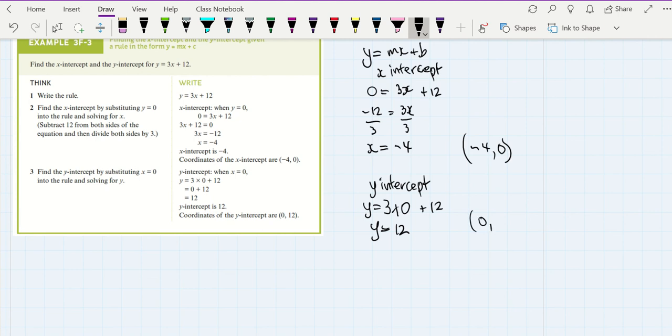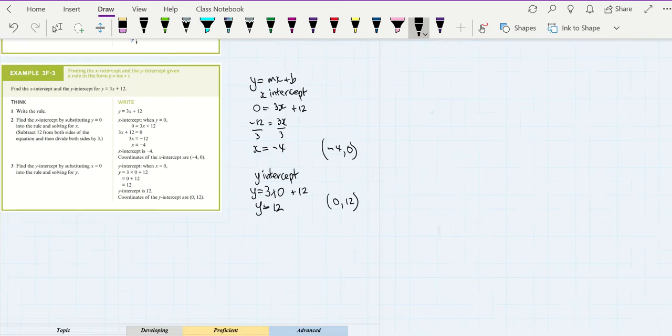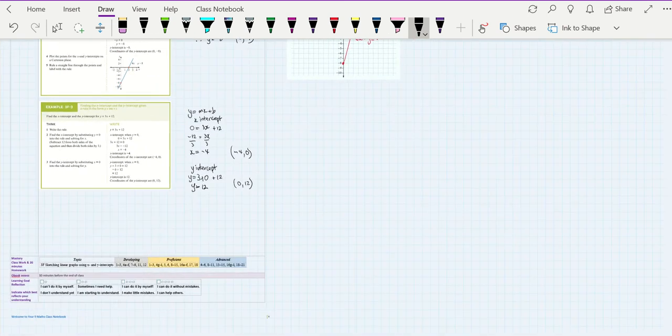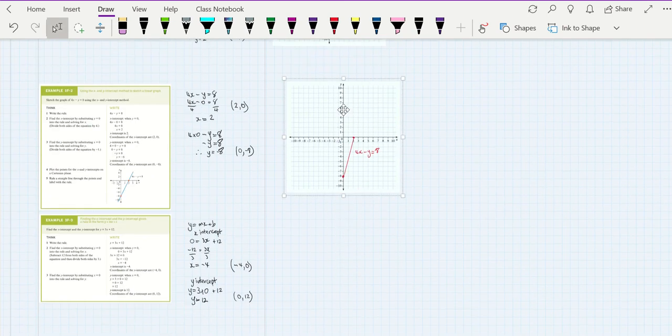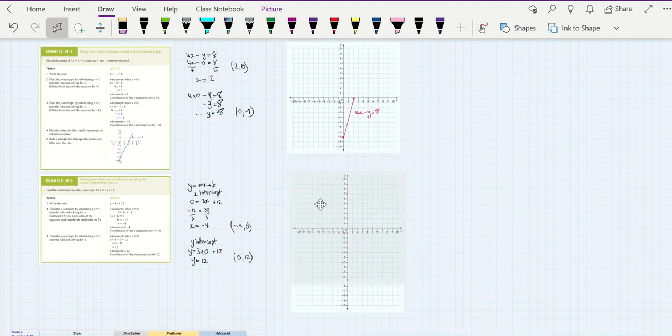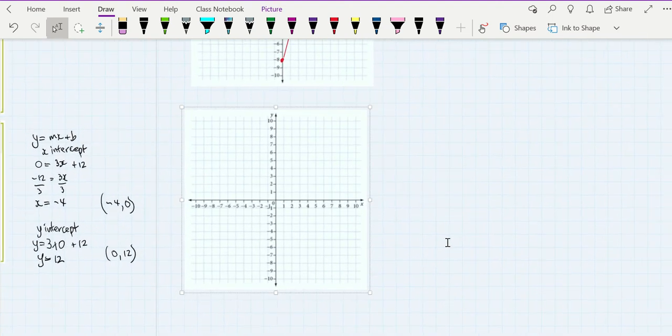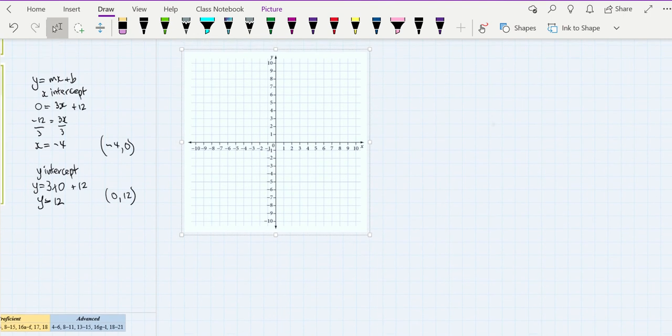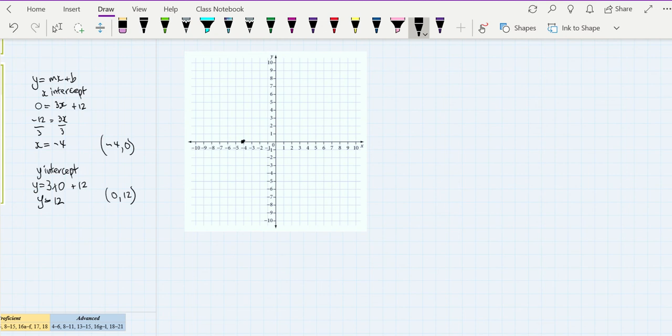Now, we can also just sketch that on the line, so we may as well do that as well. So when x equals 0, y equals 12, but I don't think we've got enough lines on this one, so we'll just adjust it a little bit. So where do we go? Negative 4 x value and 0, that's good, and then a positive 12. So if that's 11, that's 12.